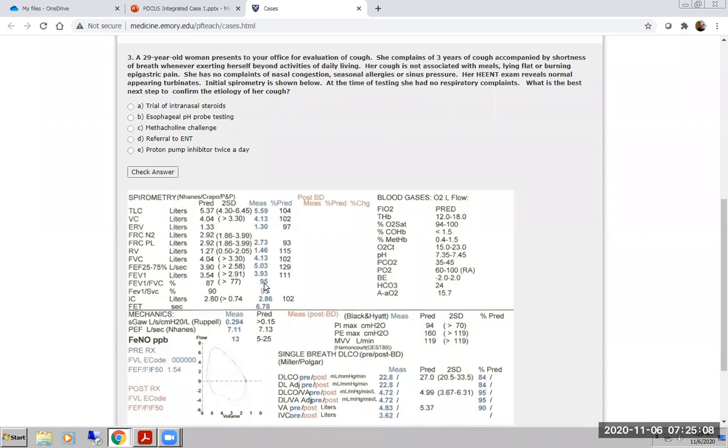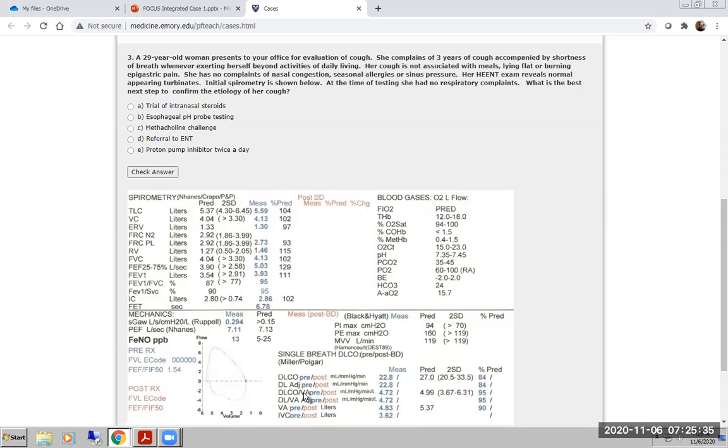Where do we go next? The FVC. And the percent predicted is 102, so that's normal. And then where do we go next? Total lung capacity, normal. So we've got normal PFTs here, don't we?